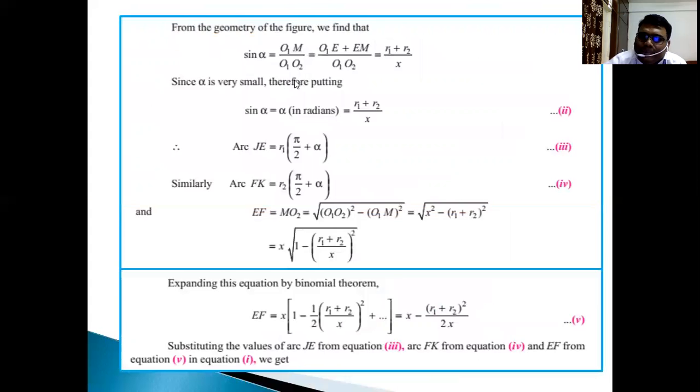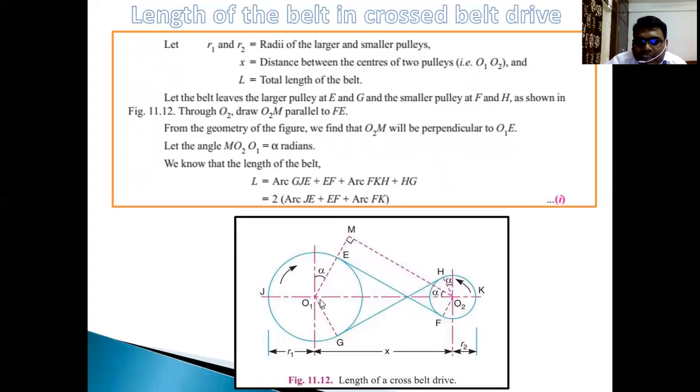Sine alpha is similar. The difference is that you have to extend this and extend this. Last time in this triangle O1MO2 it was R1 minus R2, this time it becomes R1 plus R2. That is the only difference. And one more difference: here alpha will come in the plus, and last time it was the minus, pi minus.